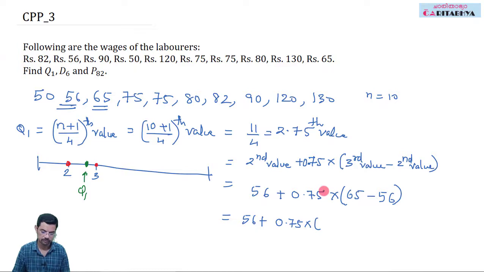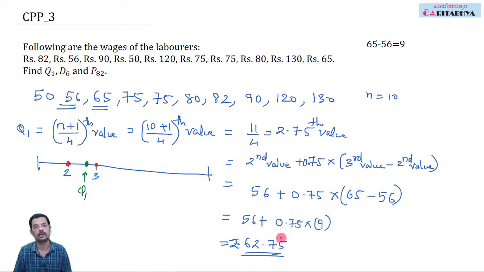What is 65 minus 56? It is 9. So the final value when we calculate 56 plus 0.75 into 9 will give you 62.75, that is 62.75 rupees.